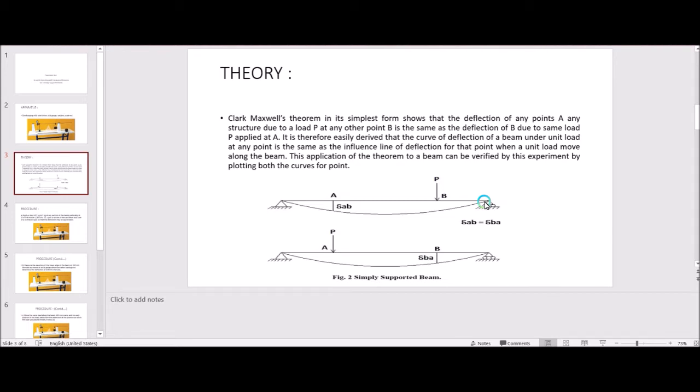So in this condition, if we apply the load P at point B and we measure the deflection delta AB at point A, this is condition 1.